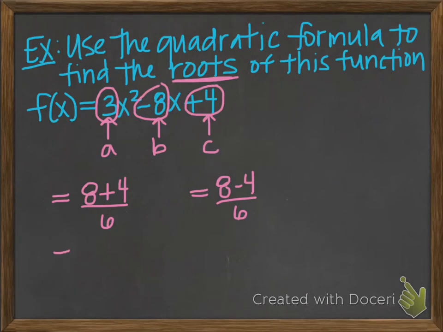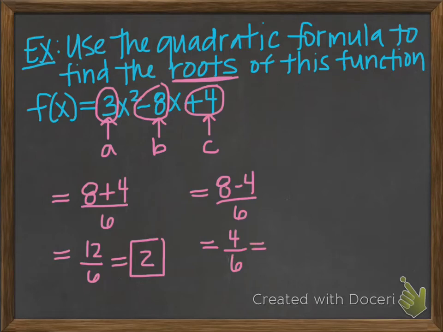So 8 plus 4 is 12, and 12 divided by 6 is 2. There's one solution. Over here for the other solution, 8 minus 4 is 4, and 4 over 6 simplifies to 2/3. There's the other solution. So there are 2 solutions.